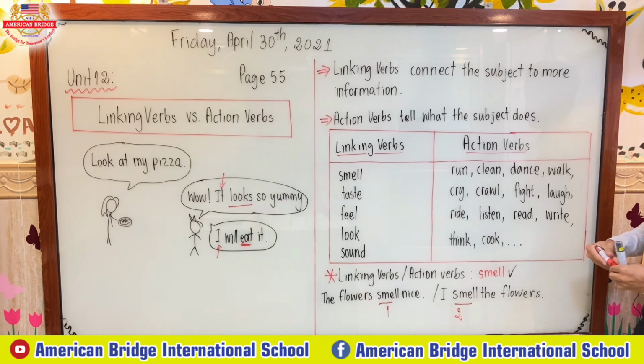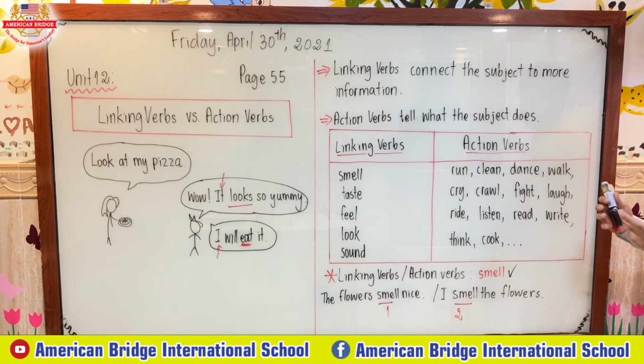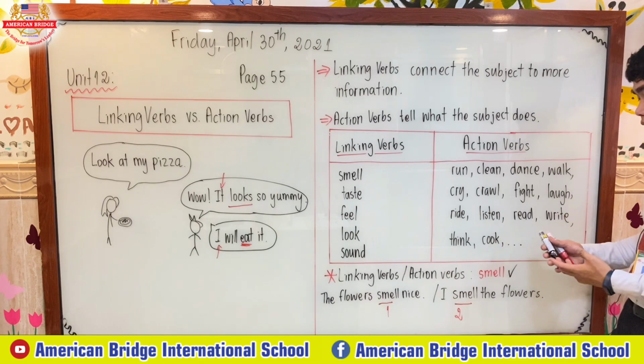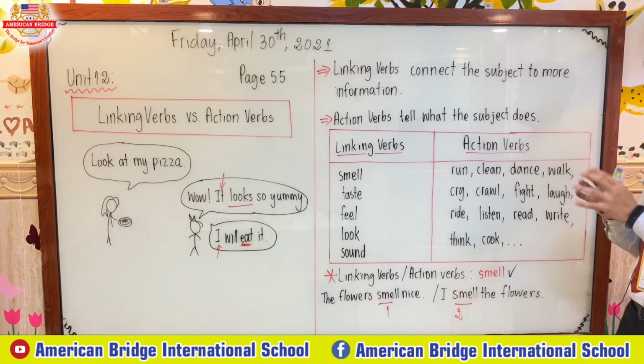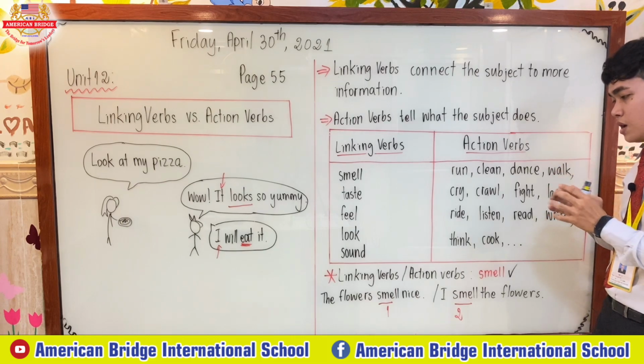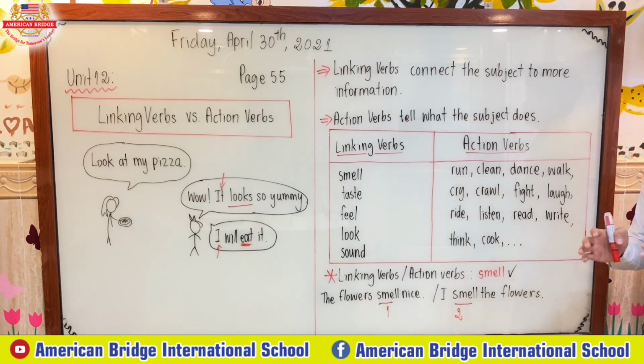So now I just want to explain briefly. The flowers smell nice and I smell the flowers. In these two examples, they are really different. And what is the difference? The main difference is the subject of the verb smell.